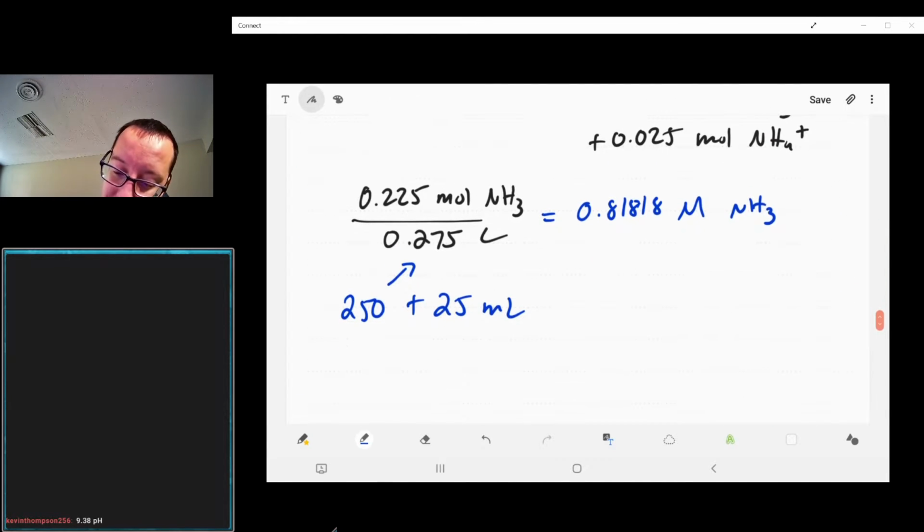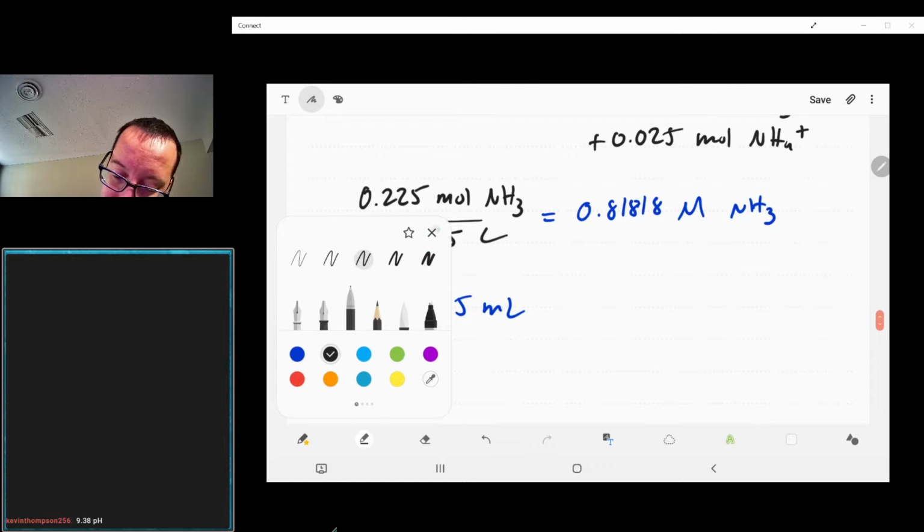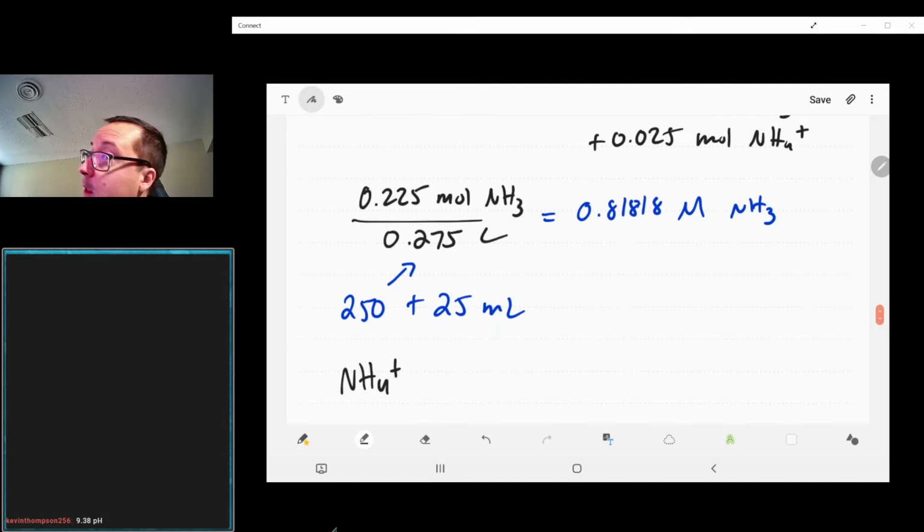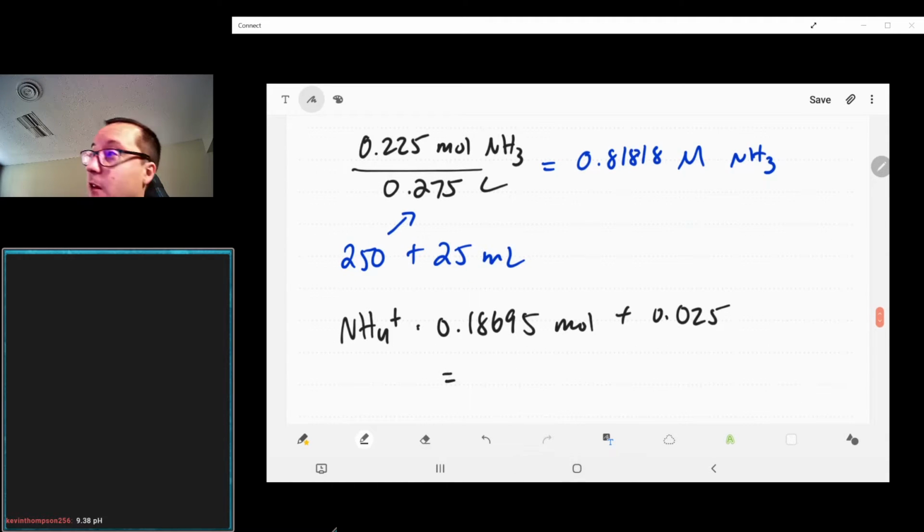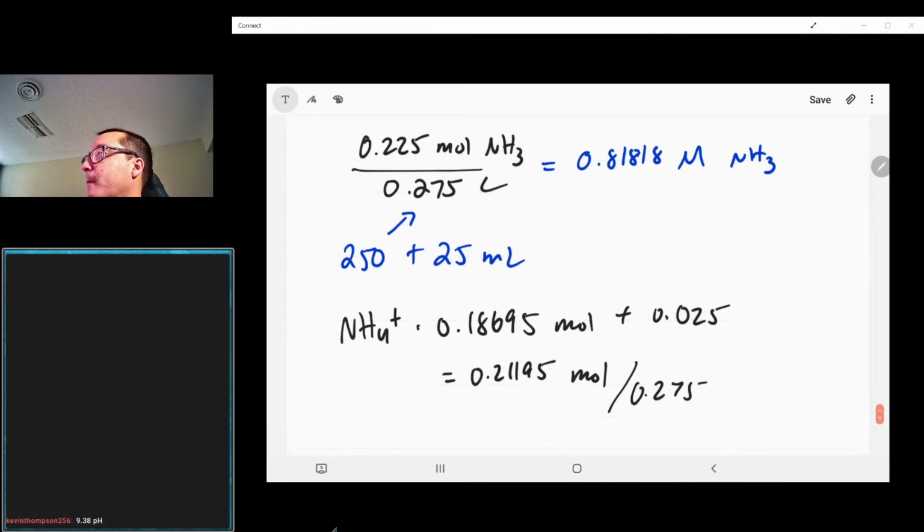So for ammonium, we had 0.18695 moles. Now we're adding 0.025. So that'll be 0.21195 moles. And if we want concentration, we have to also divide that by our volume.